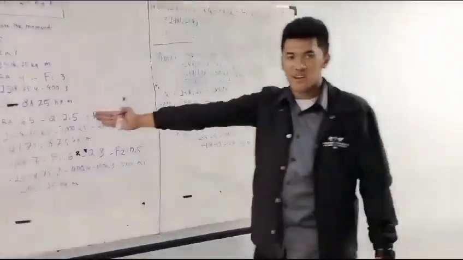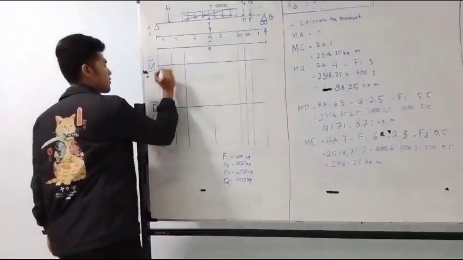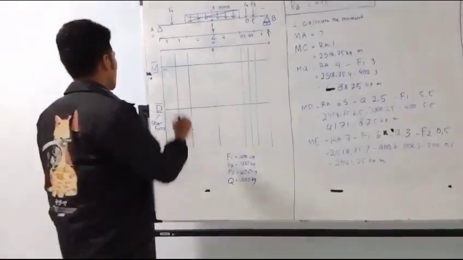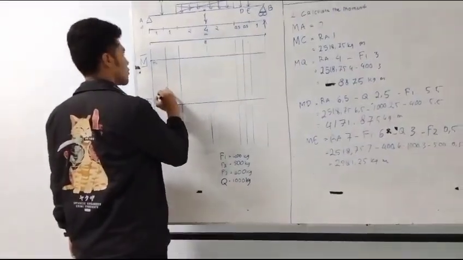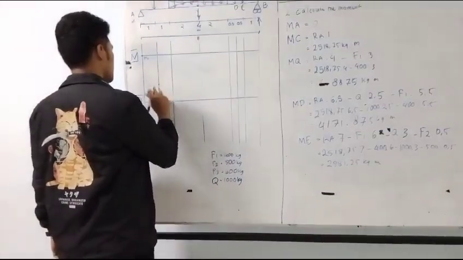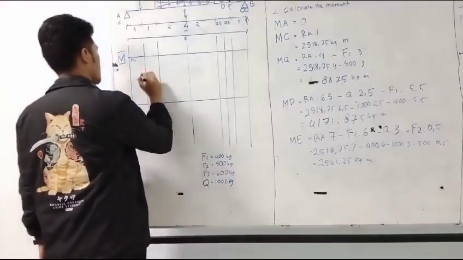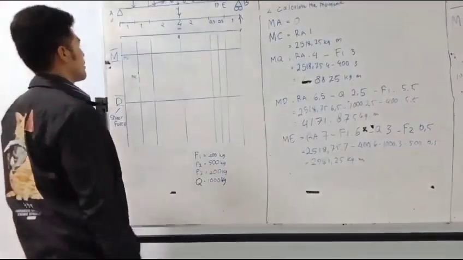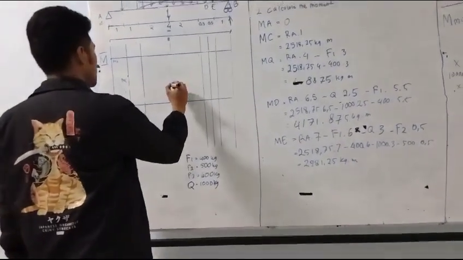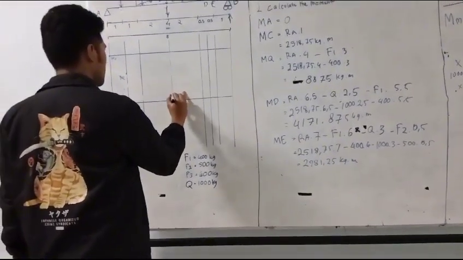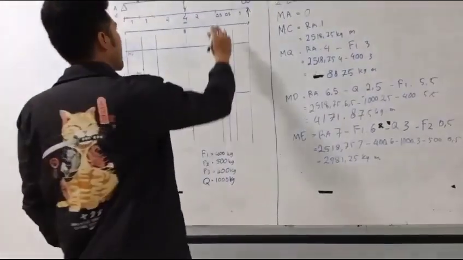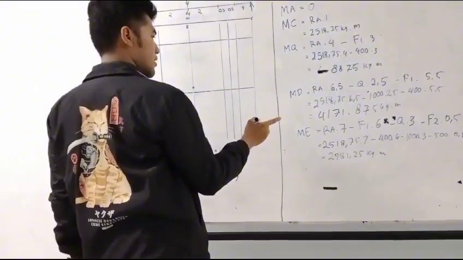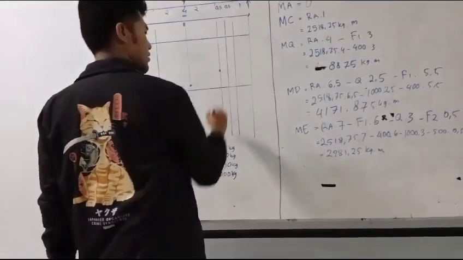Let me draw the moment for you. This is MA, which is 0, and then MC, then MQ, then MD, and then ME.